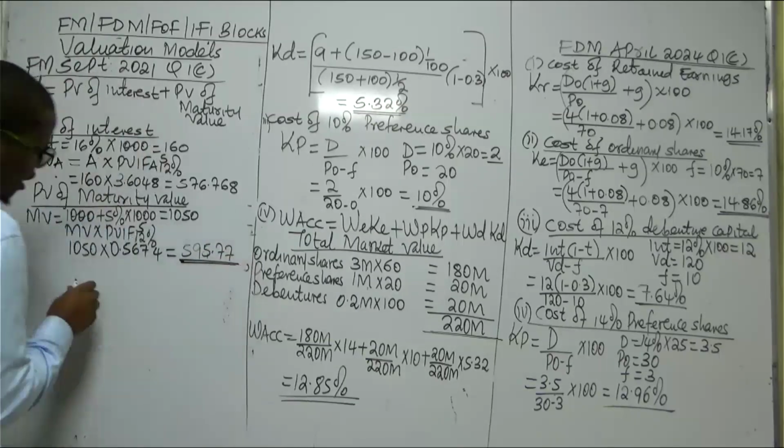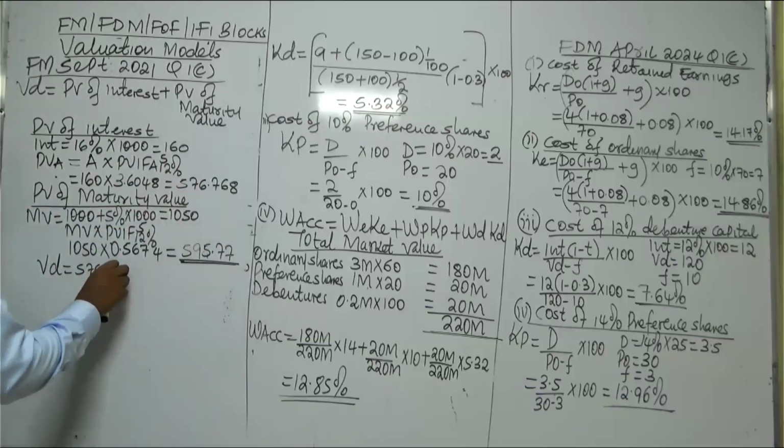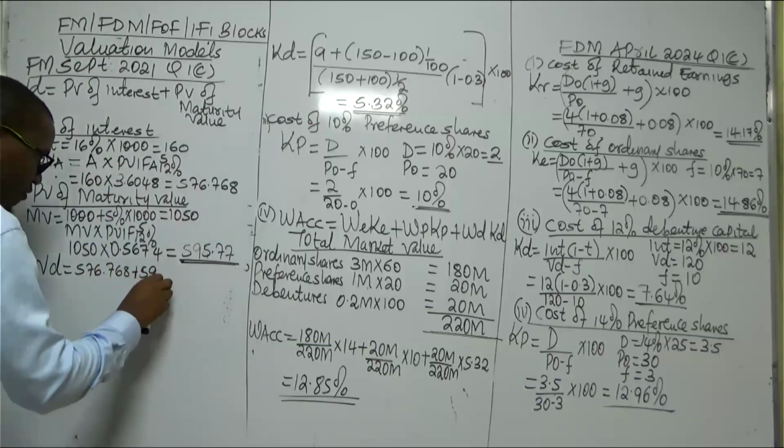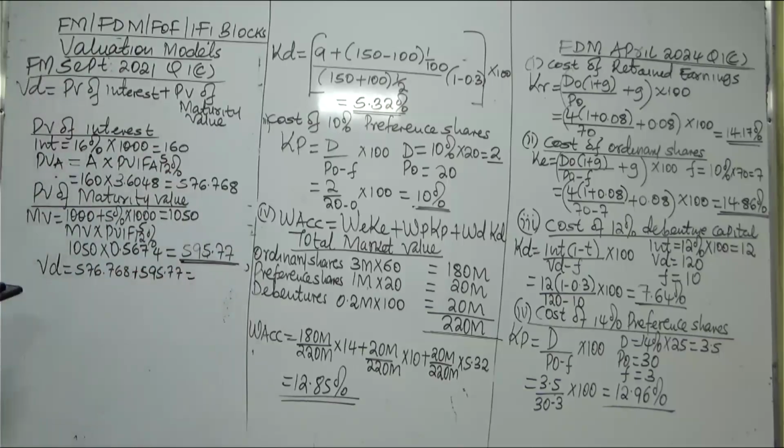Therefore, having that, we can get the value of the redeemable bond. Present value of interest 576.768, you add 595.77. So I add 576.768.